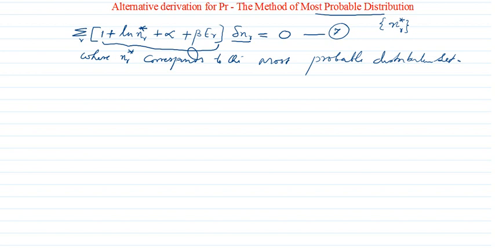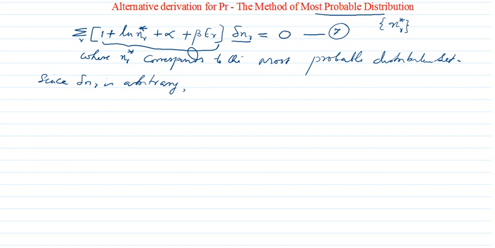Okay, so that is our argument. That's a very valid mathematical argument. Since delta n_r is arbitrary, it's very important that you put up the arguments. You never jump to the conclusion without putting up the necessary arguments. That's very important in a derivation.